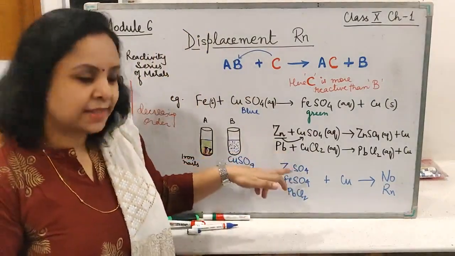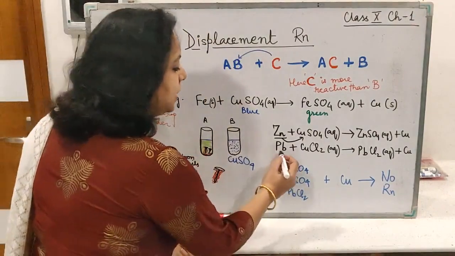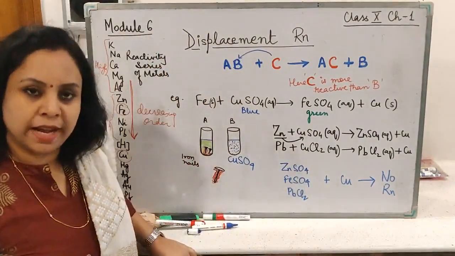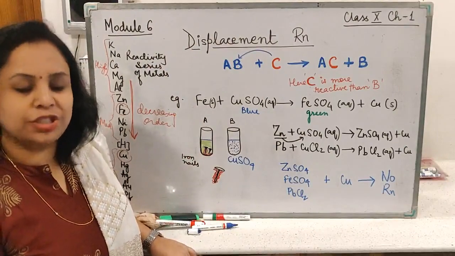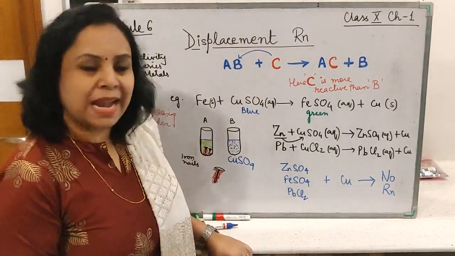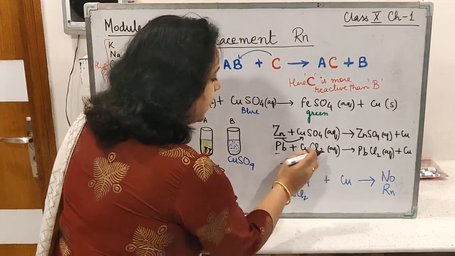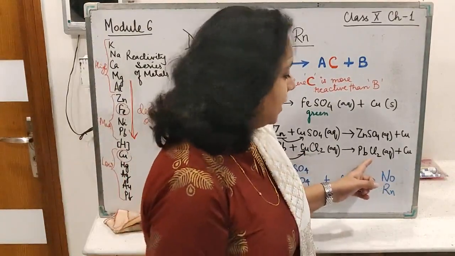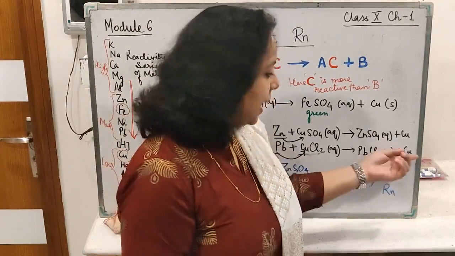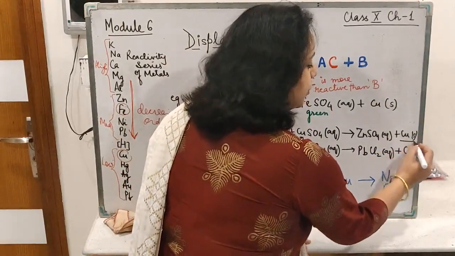Let us take one more example. I have taken lead with copper chloride. Copper chloride is pale bluish, bluish green in color, and when you add lead to it, it displaces copper and it forms lead chloride and copper comes as a solid residue.